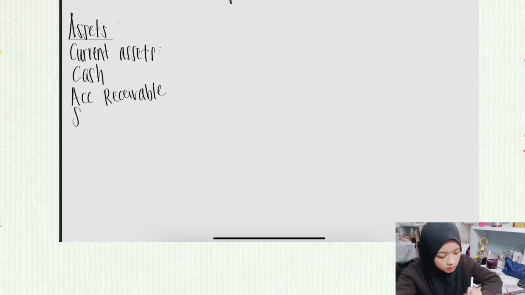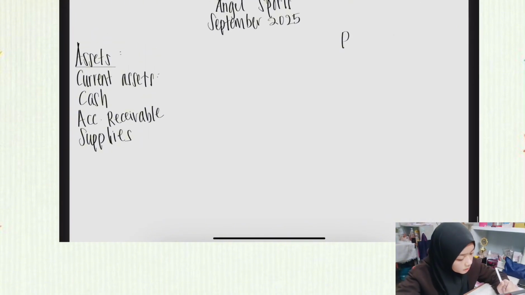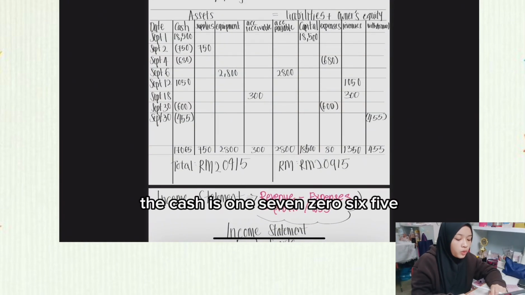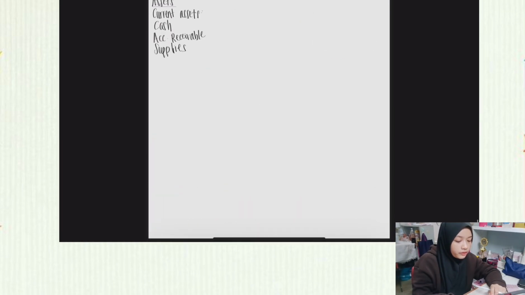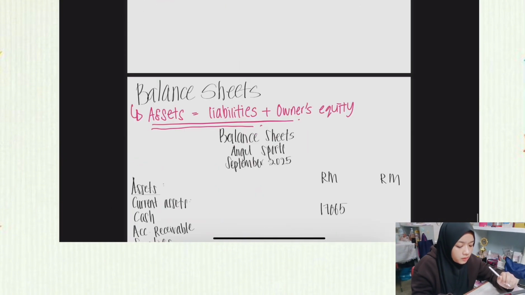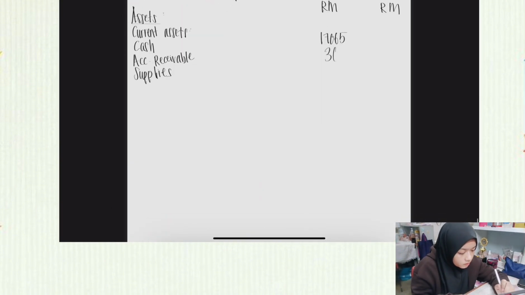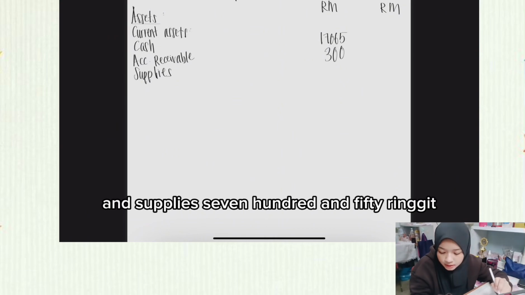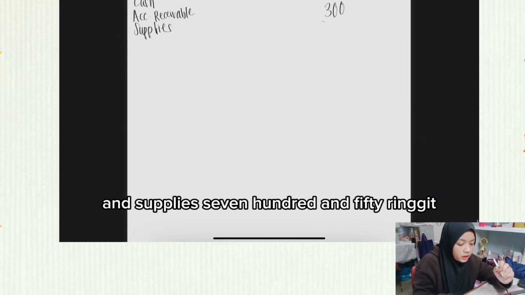Also, supplies. Don't forget the RM. From the transaction, the cash is 17065. Account receivable 300 ringgit. And supplies 750 ringgit.